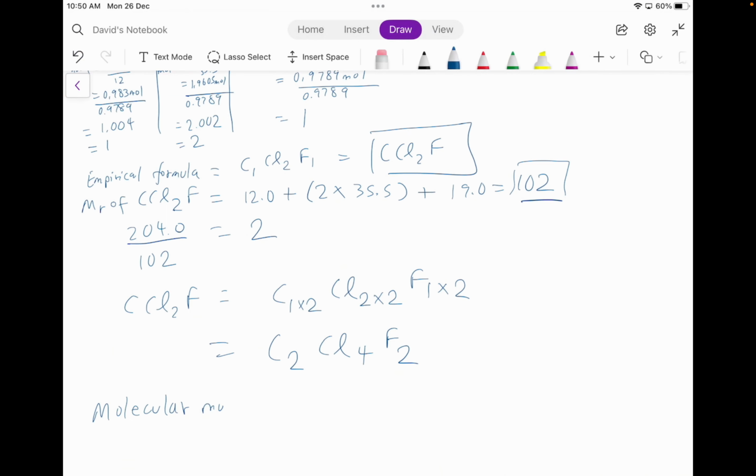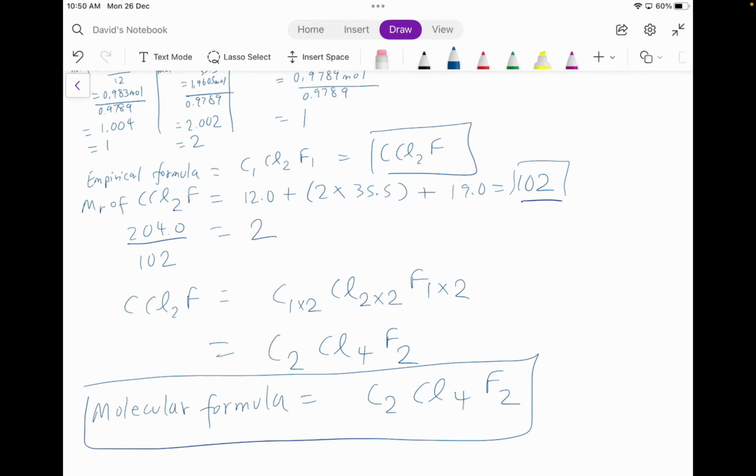Your molecular formula is going to become C2Cl4F2. This is going to be your answer for this question.